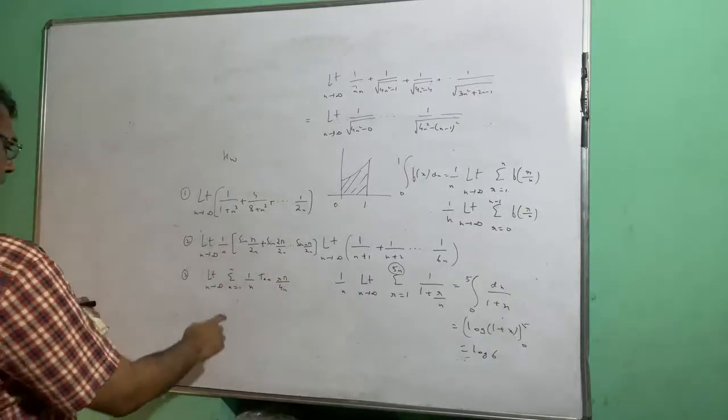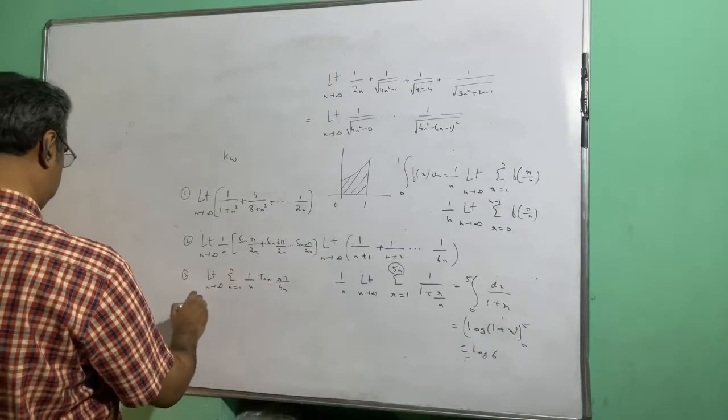Third one, limit n tends to infinity r equal to 1 to n, 1 by n tan r pi by 4n.